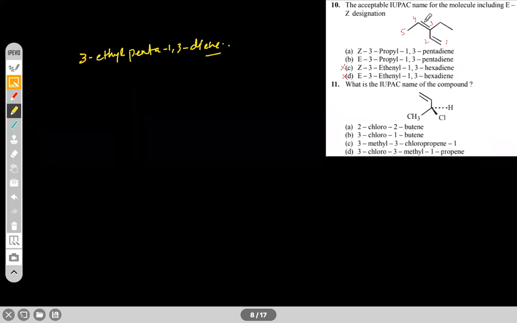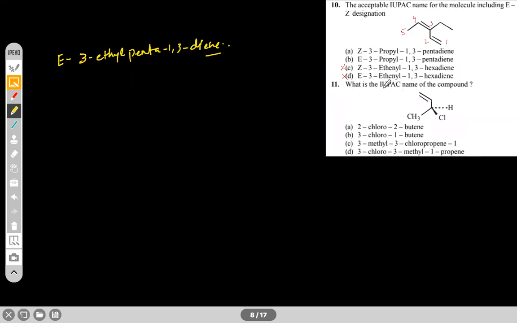And you see this position, across this we have geometrical isomerism possible. What is geometrical isomerism? We'll discuss this later, right? But this group is this side and this side, so the two groups are on the opposite side, so it is E isomer. So if I write down E-3-ethyl penta 1,3 diene, okay, because the double bond is present at first carbon and third carbon, so 1,3 diene.